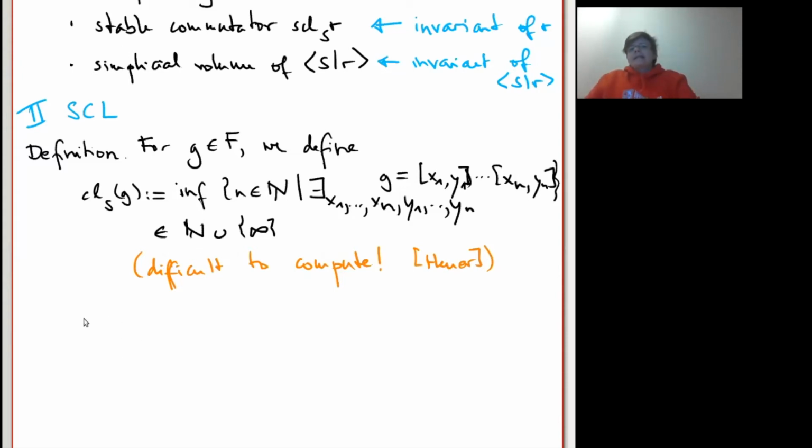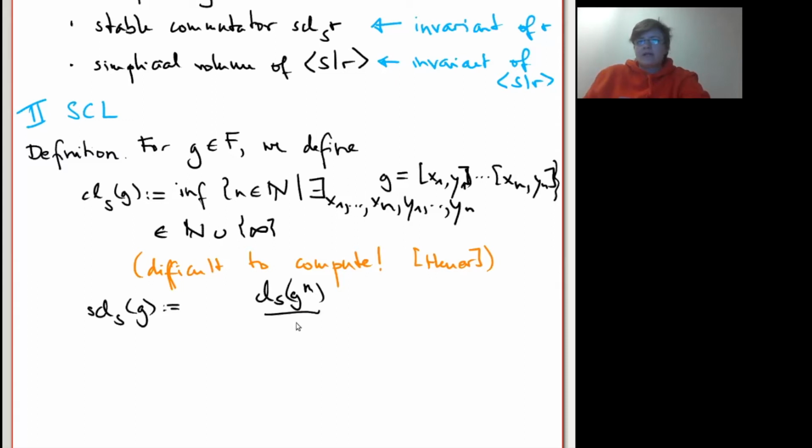Okay, but things get a lot better if you stabilize. So there's a stable commutator length of g. Now instead of looking only at the element g, you look at all its powers simultaneously, and you compute the commutator length of these powers.